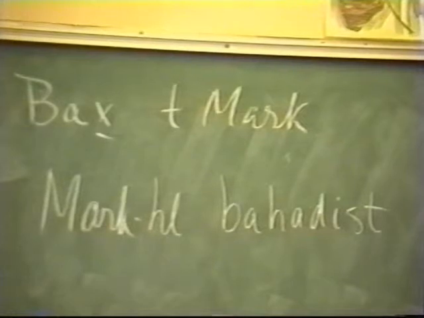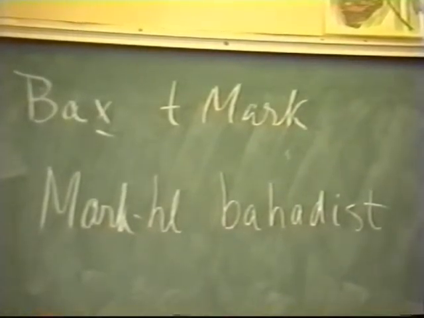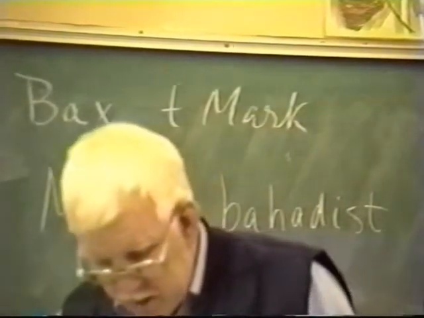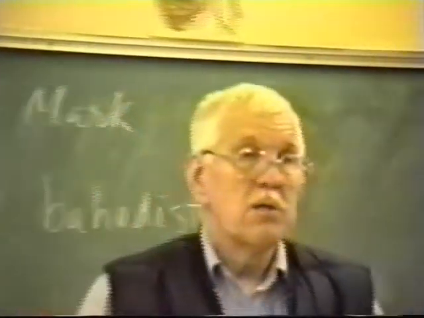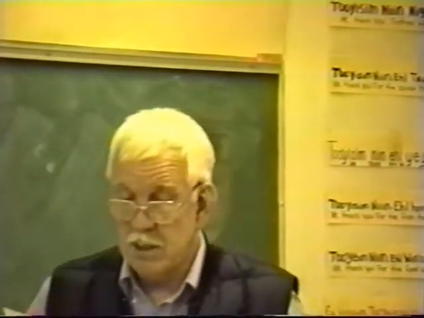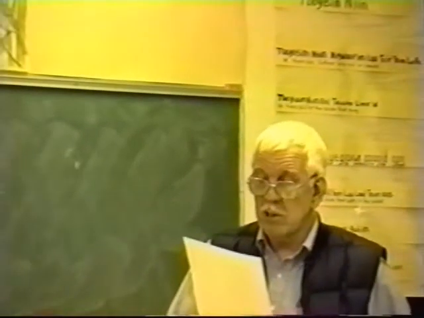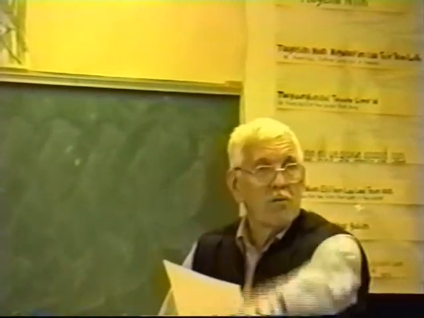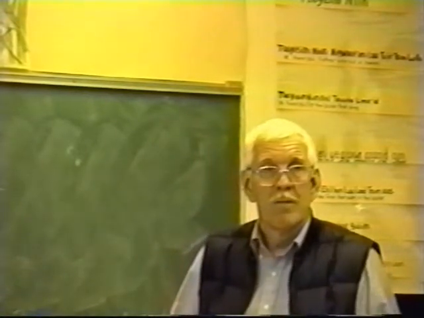Now, the point I want to get at is a sentence like Mark Bahadist. Normally, you wouldn't just use that at the beginning of a paragraph or of a conversation. But a sentence like that really is appropriate to answer a question, like if somebody asked me, Nashkai Bahadist goes do lahani sit, who's that running over there on the playing field?